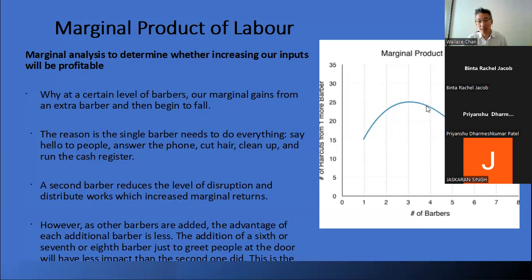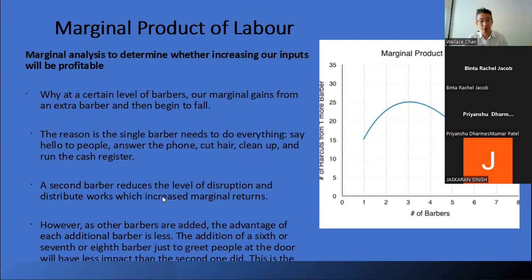But up to a point, if you keep adding employees, the new employee actually contributes less and less and less. So going back to this example, talking about the barbers, the reason is the single barber needs to do everything: say hello to people, answer the phone, cut hair, clean up, and run the cash register.